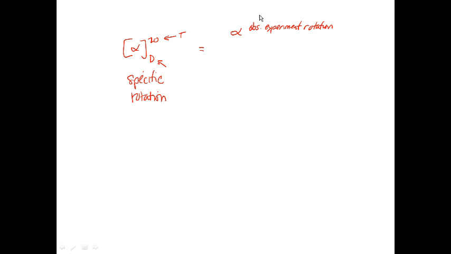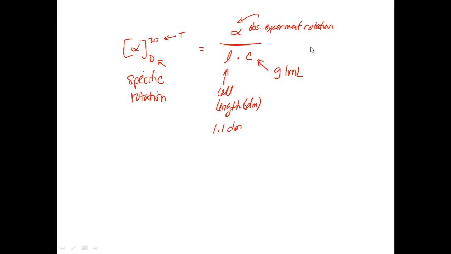And this is actually what you're going to get from the instrument. And we divide through by this L, which is the cell length. Now it turns out that the cell length is measured in decimeters, and the cell that we're using is 1.1 decimeters long. So that will be the cell length, multiplied by the concentration of the solution that you used in grams per milliliter.